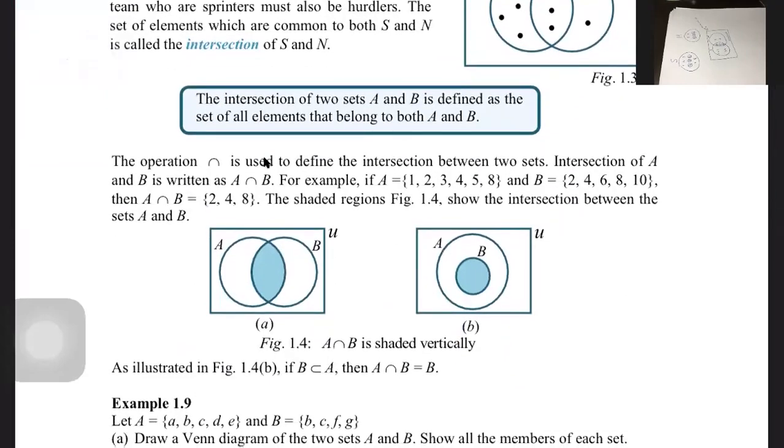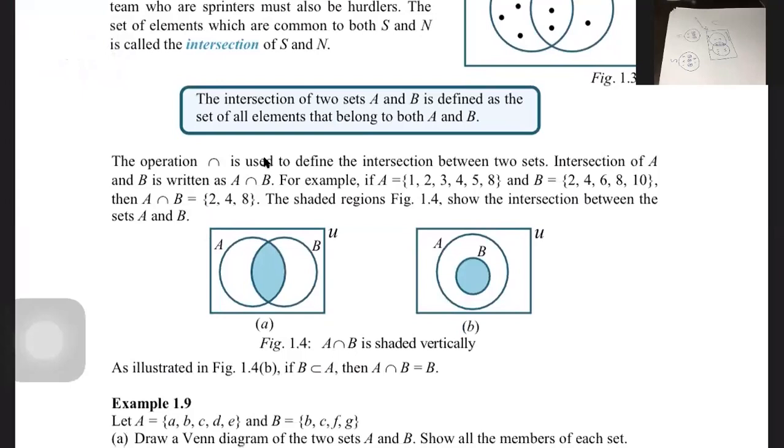The intersection of two sets, A and B, is defined as the set of all elements that belong to both A and B. This operation is used to define the intersection between two sets.